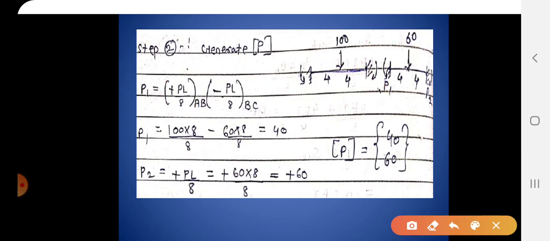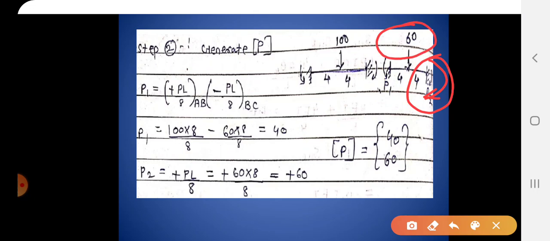Okay, now for P2, that is action at second point of redundant due to external load. Okay, so this is the action moment at C, because theta C is the redundant and corresponding action will be moment at C. Okay, so moment at C, clockwise, what will be the value?